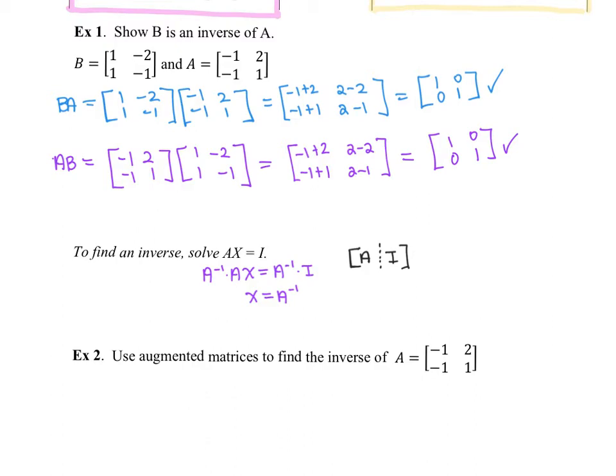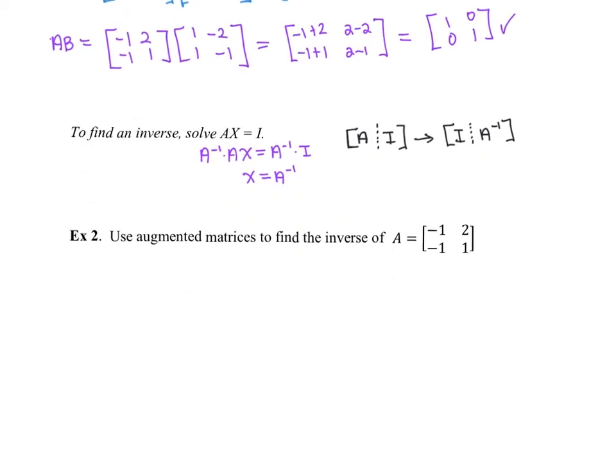I want to rearrange this so that I have the identity on the left. This will give me the inverse on the right. So the idea is we're going to start with this and convert it to this, and then this is going to produce the inverse matrix on the right. And sorry, that was a terrible explanation.